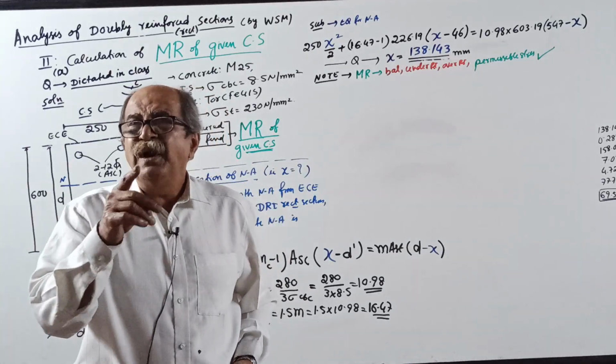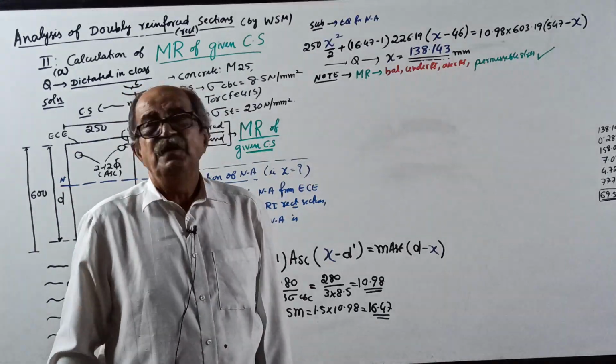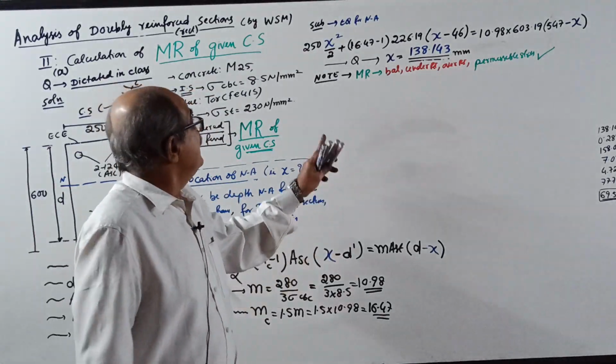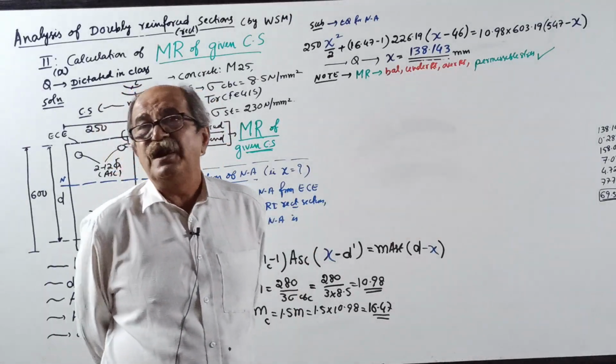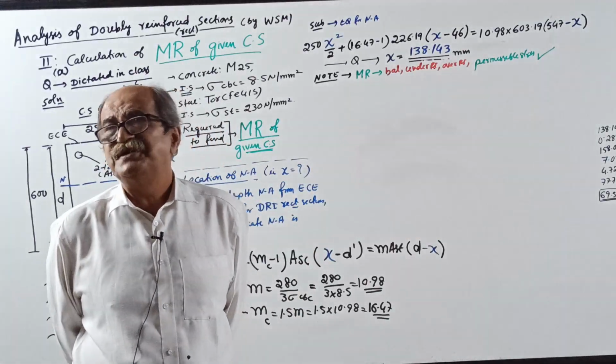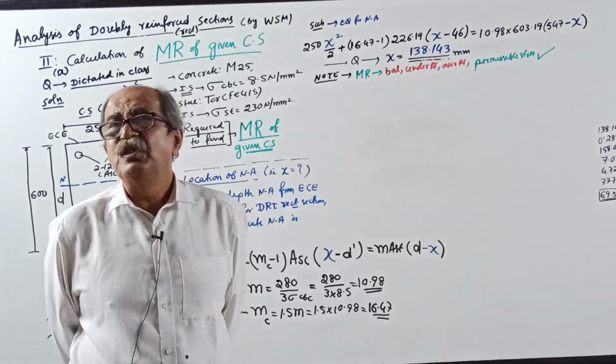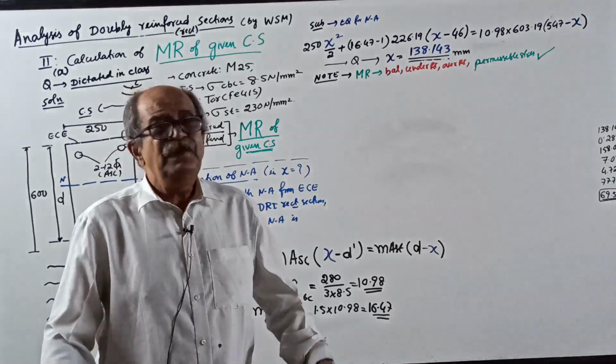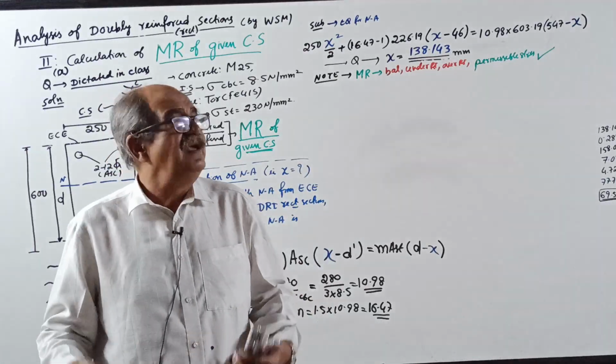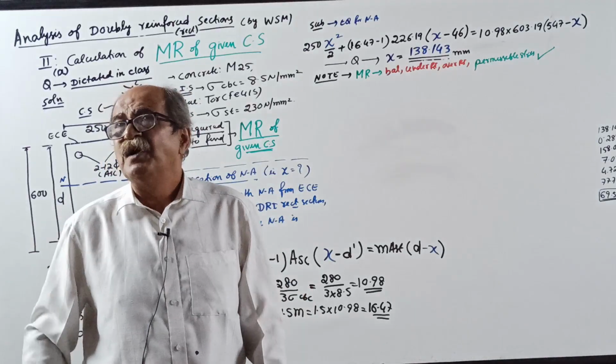I will never make one single mistake. Why? Because it is pure mathematical. In RCC and steel or prestressed concrete, there are so many approximations. So therefore, I will not make a mistake. When you design, the result may slightly change among people.